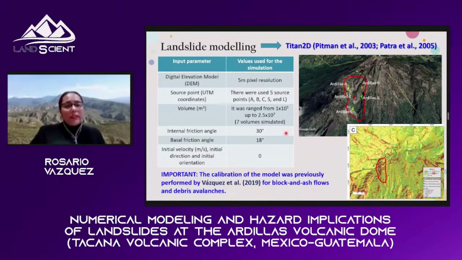And for the other input parameters, we decided to maintain the internal friction angle and the basal friction angle, as well as the other input parameters, the same within all the simulations, because these values were obtained from the calibration of this model in a previous work made by me and my colleagues for block and ash flows and debris avalanches, also simulated around the Tacaná Volcanic Complex.